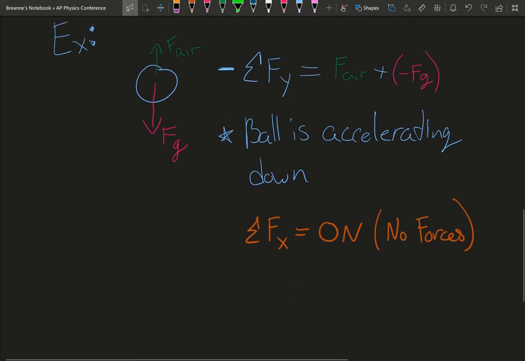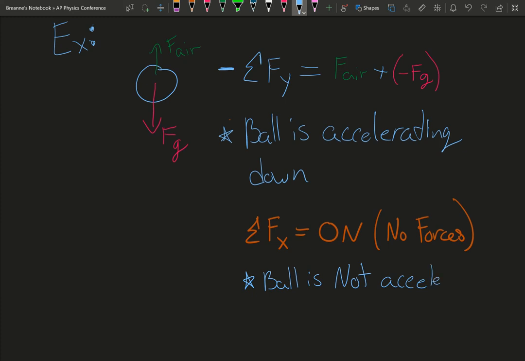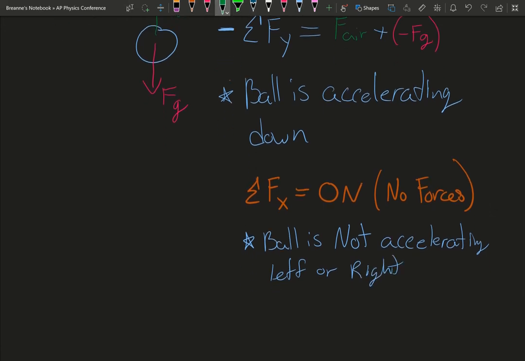When there's no forces, we know the ball is not accelerating left or right.